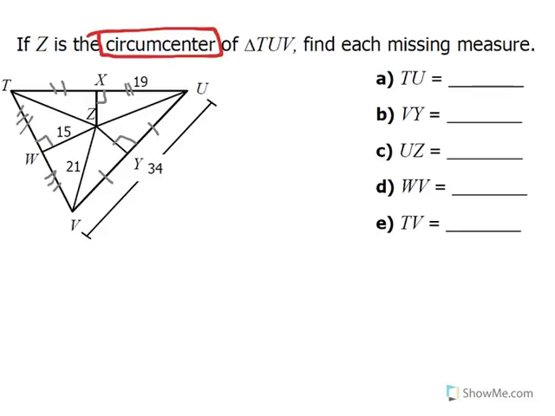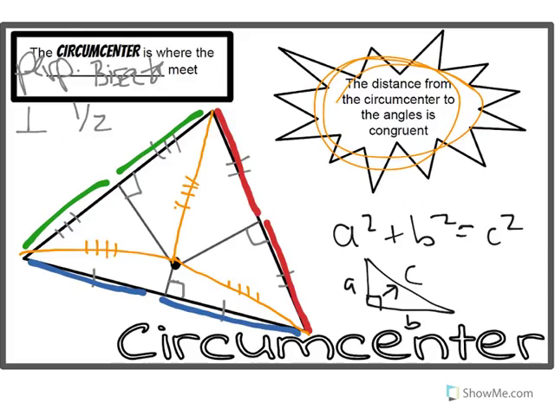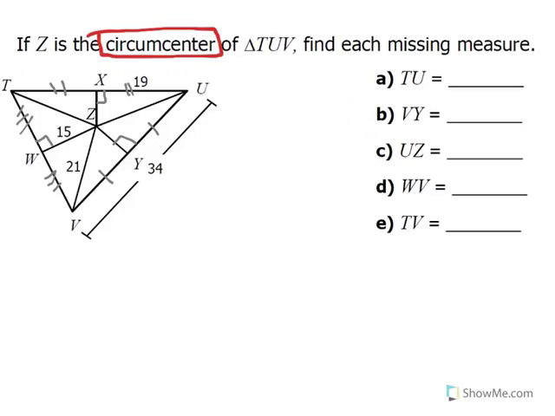Also, the distance from the circumcenter to the angles is congruent. So circumcenter to the angle, circumcenter to the angle, circumcenter to the angle. Those are all congruent also.